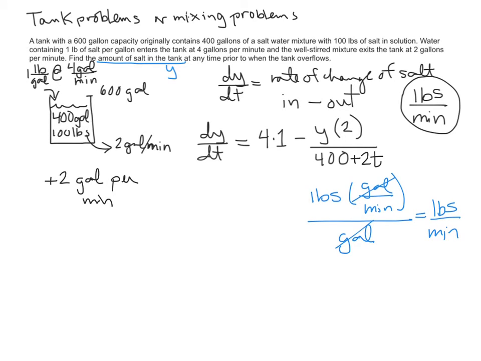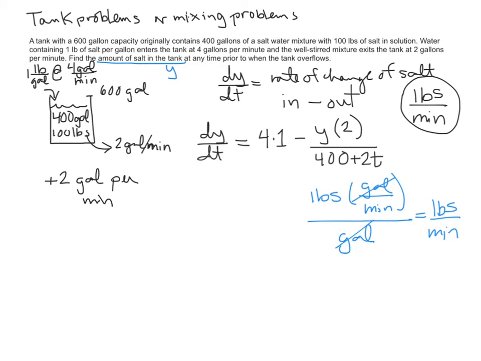So the way I remember this is I always know we're looking at the out values. The out values, we have this 2. It has to do with the well-stirred mixture, so that's that volume in the tank. And the well-stirred mixture has some sort of a concentration of salt in it. And so I know that all of those things are combined, and I can kind of play with the units to figure out how I can get pounds per minute if I forget.